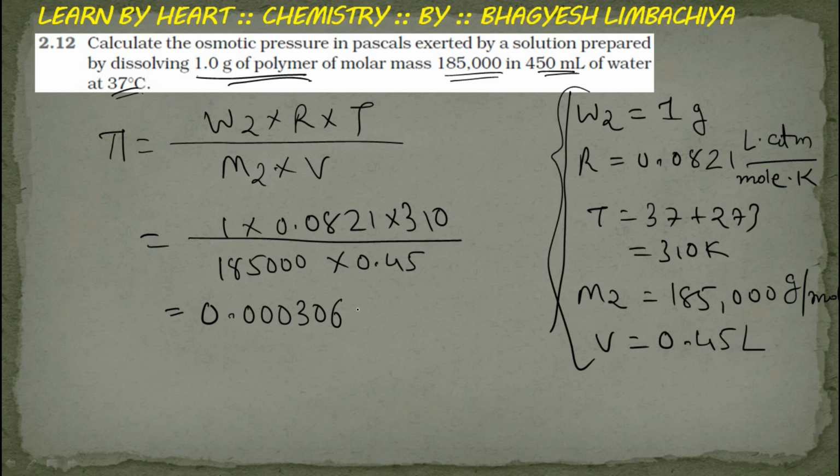Okay, this much atmosphere. It is multiplied by 10 raised to 5, then 1, 2, 3, 4 and 5. Then the answer is 30.6 Pascal.